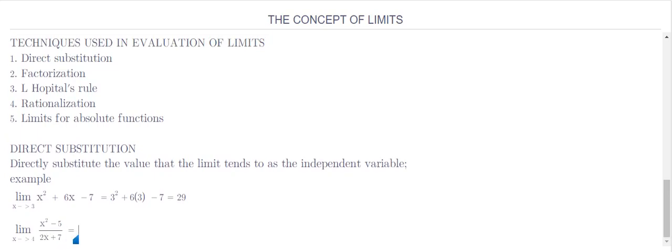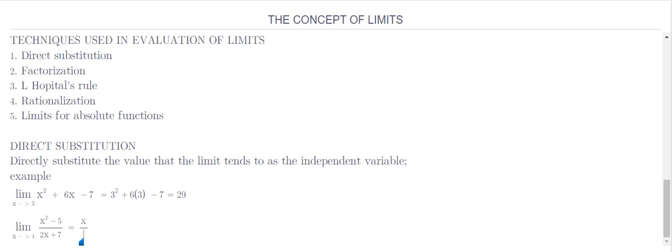Now in this one, when you are using direct substitution, the procedure remains constant. Just directly replace wherever you have x with the value that it is tending to.